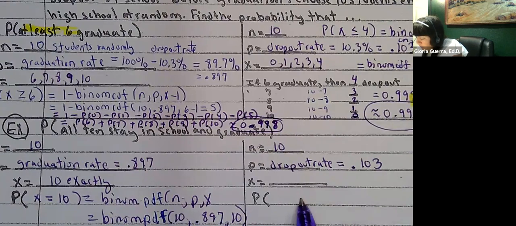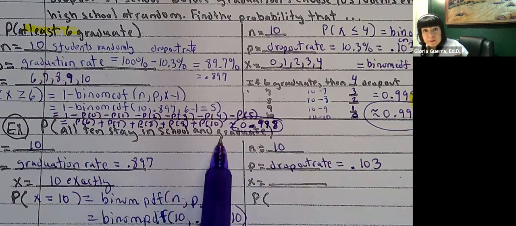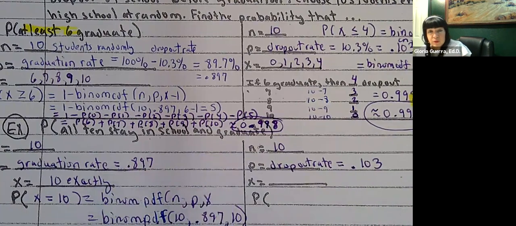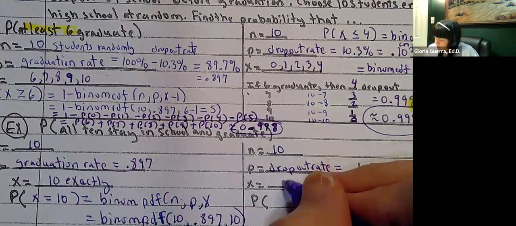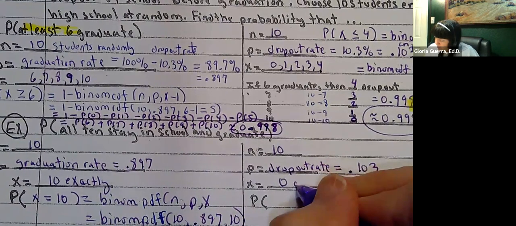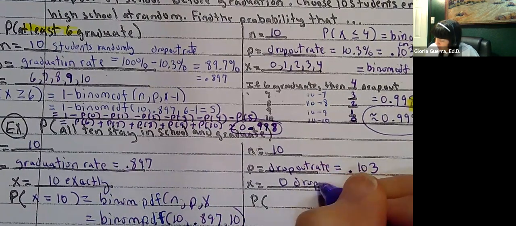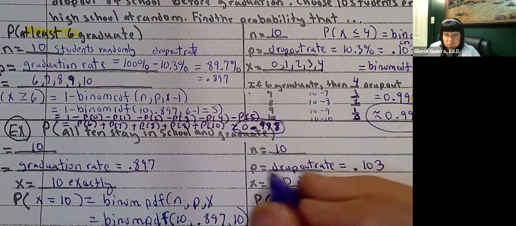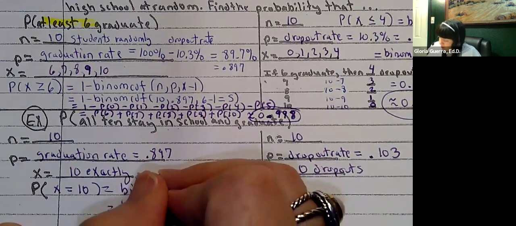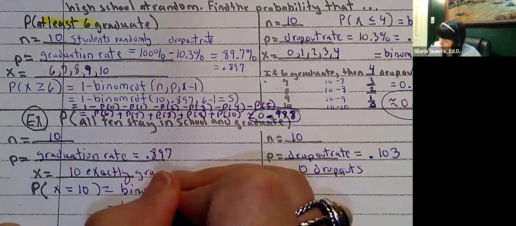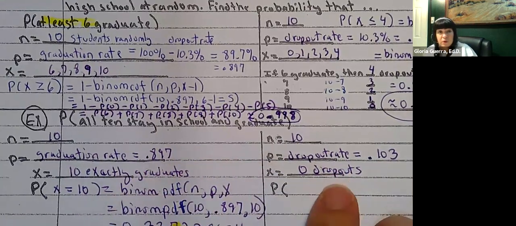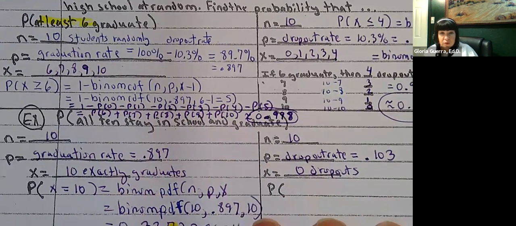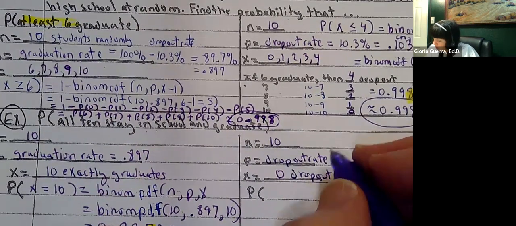So if all 10 of them stay in school and they graduate, then doesn't that mean that you don't have any dropouts? Doesn't that mean that X is equal to 0 dropouts? Because this 10 over here was 10 exactly graduates. But when you focus on the dropouts, if all 10 of them stay in school and graduate, then you have 0 dropouts. And this is exactly.